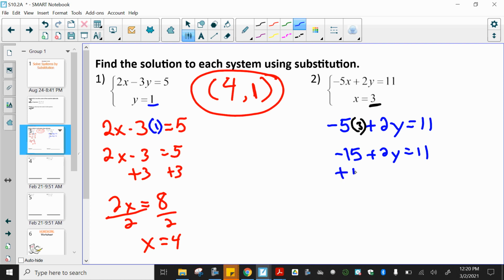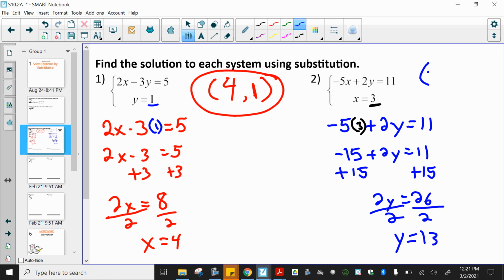I'm going to add 15 and add 15, 2y equals 26, and then divide by 2 to get y equals 13. I have to go up here and write it. There's my x value, 3. Y value is 13. 3 comma 13 is my ordered pair solution.